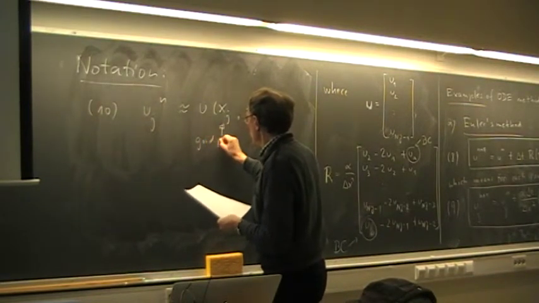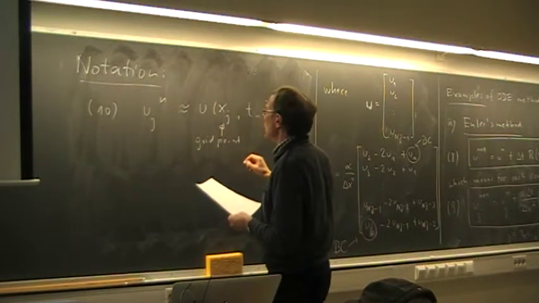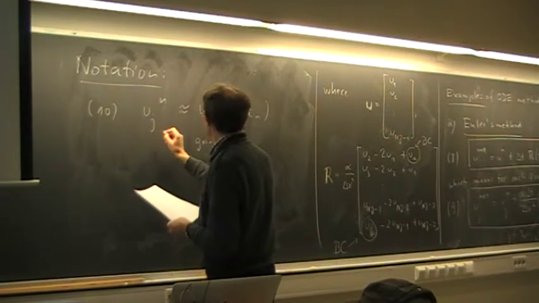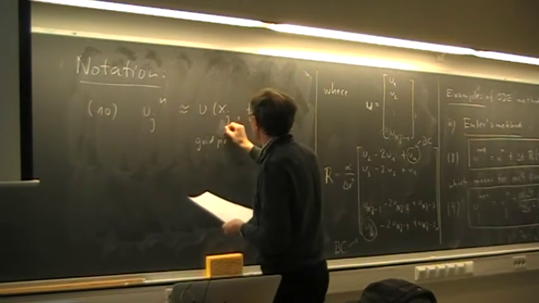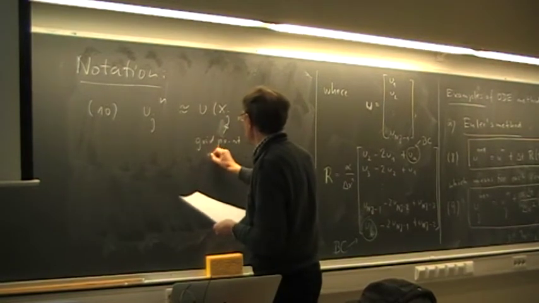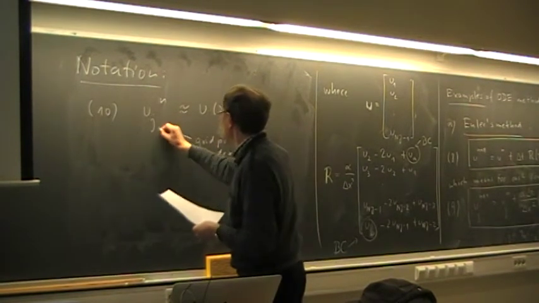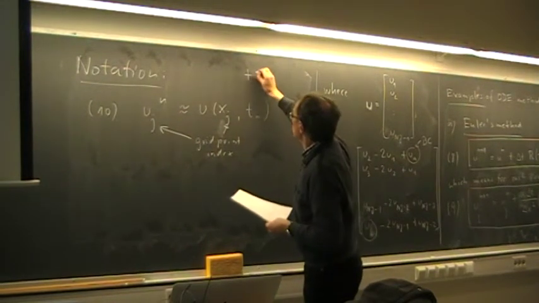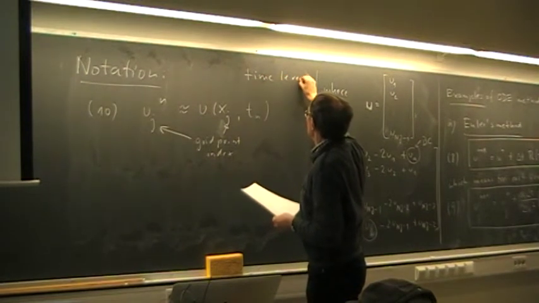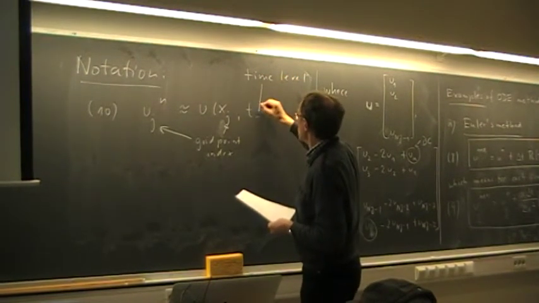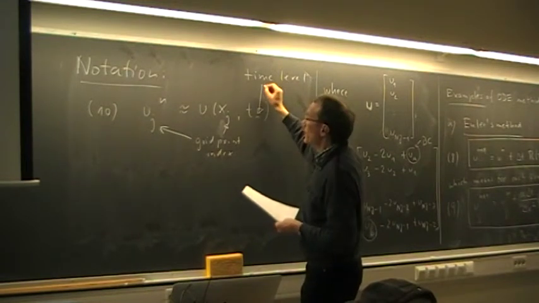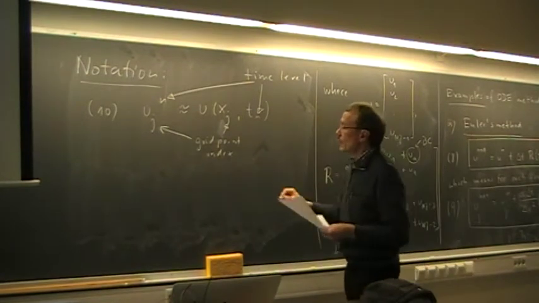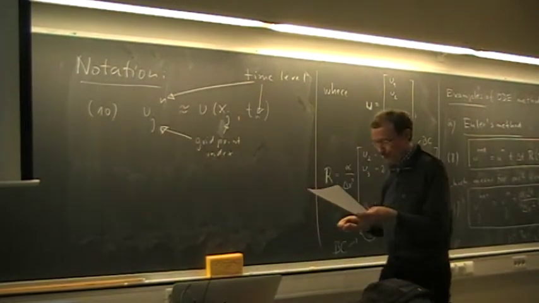That is the grid point index, so that is related to that grid point. Then we point to the j grid point index. So we can see that here, and that is the time level. The time level is this one, the n, and it is the n that appears also here. So then we see what these mean.